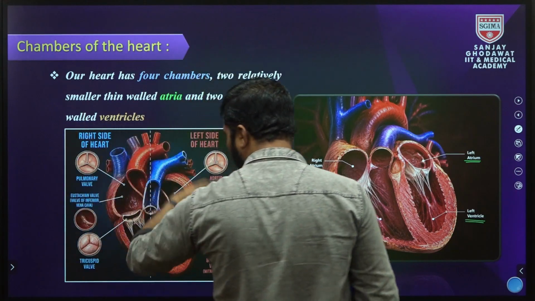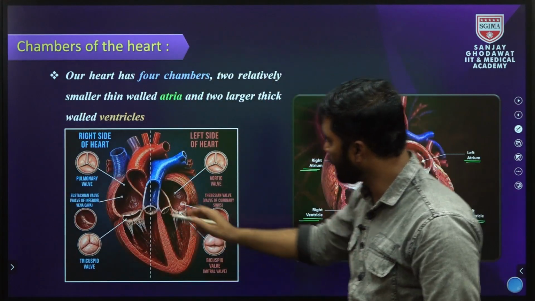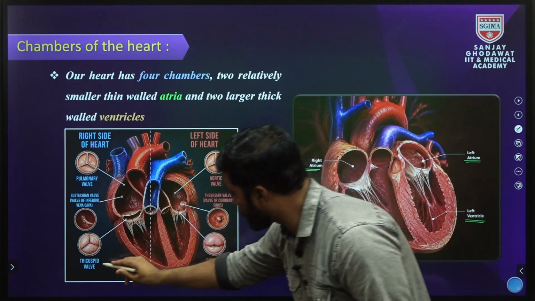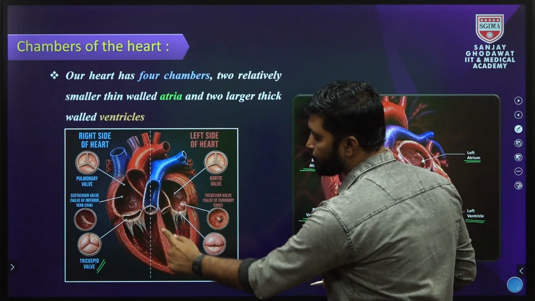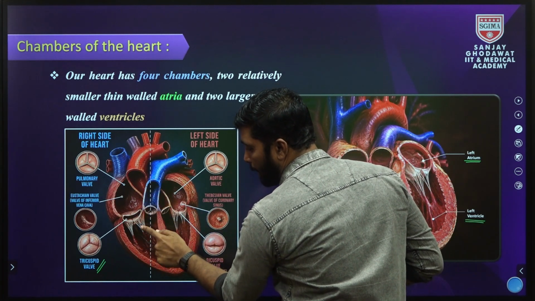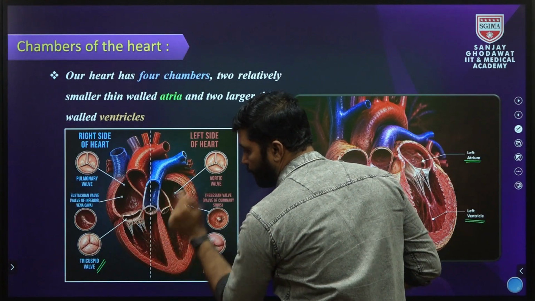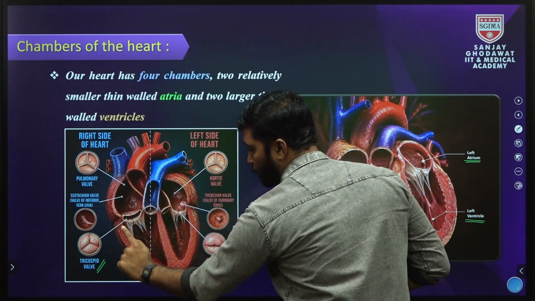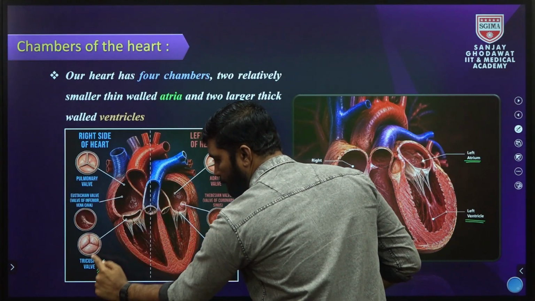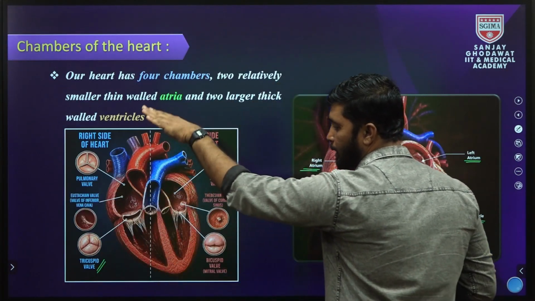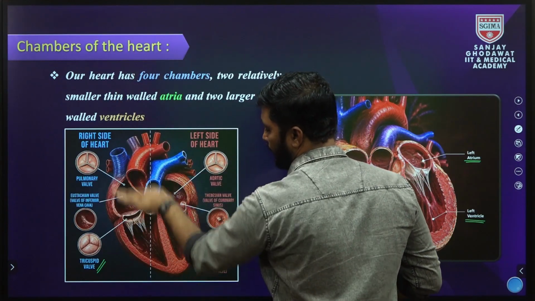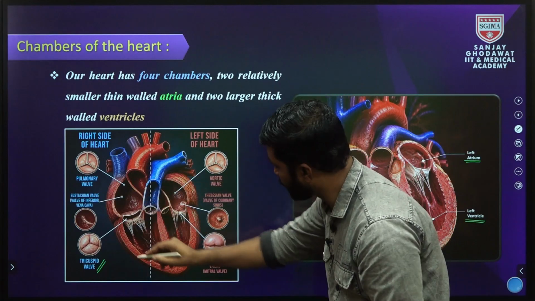And next we go to the valves. If you take the tricuspid valve and the bicuspid valve, this is the tricuspid. The tricuspid valve is present between the right atrium and the right ventricle. This is the opening; the right atrioventricular opening is guarded by the tricuspid valve, preventing backflow, meaning blood flows in only one direction from atrium to ventricle.